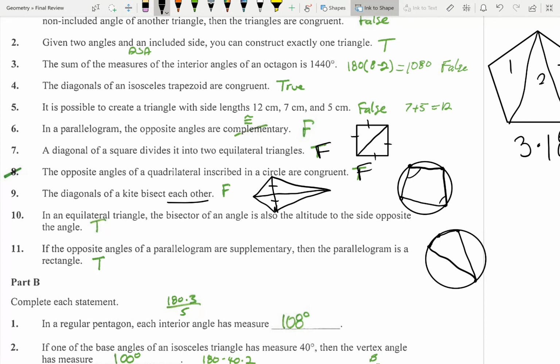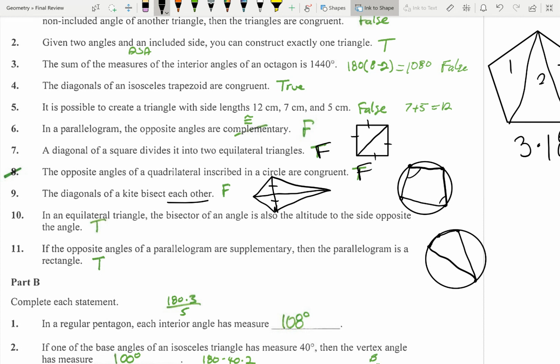In an equilateral triangle, the bisector of an angle is also the altitude to the opposite side of the angle, and that is true.